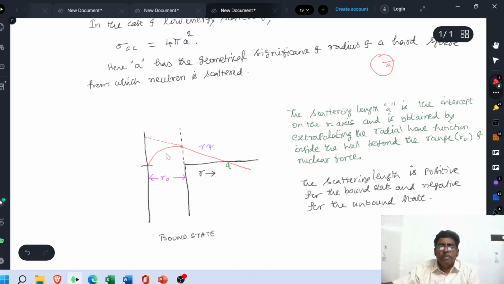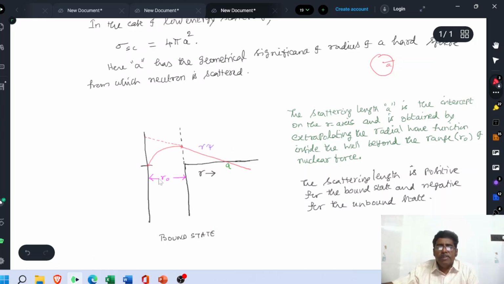Suppose the particle is present inside the nucleus, forces are dominating. If the particle wants to come out of the nucleus, it makes its to and fro motion continuously inside the square potential. So if you extrapolate the radial wave function inside the square potential, the approach of the wave function is towards the direction of the square potential.